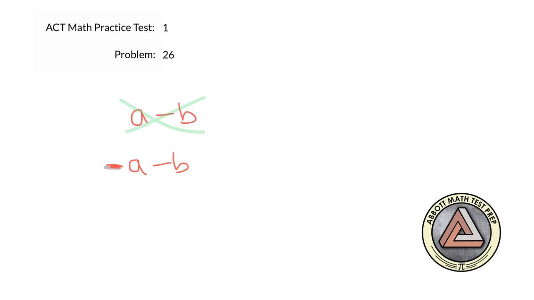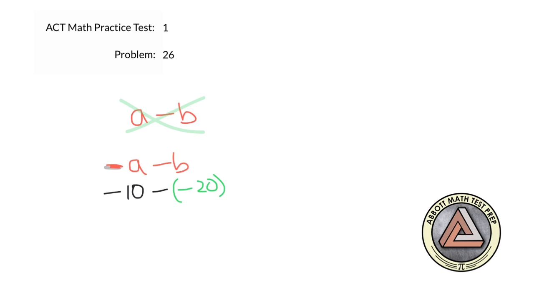Well, it's all non-zero values of A and B. We could have something like negative 10 minus, and what if B was negative 20, right?